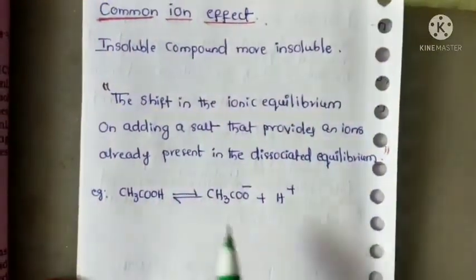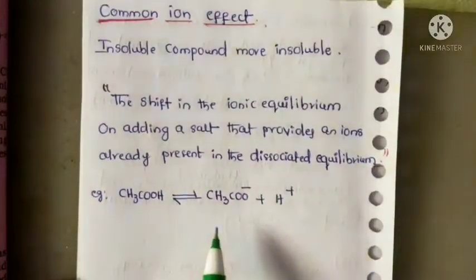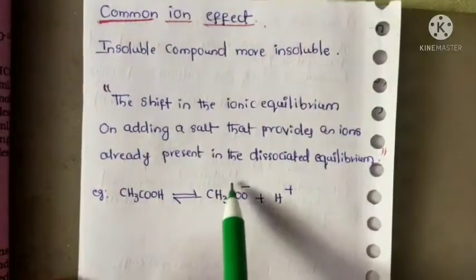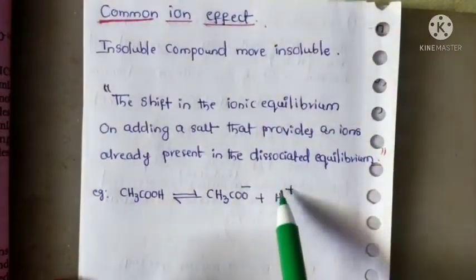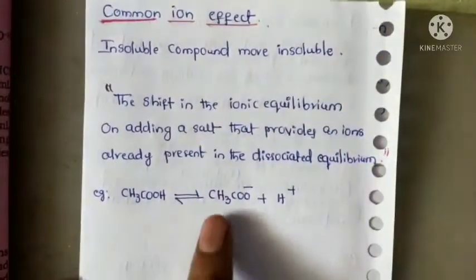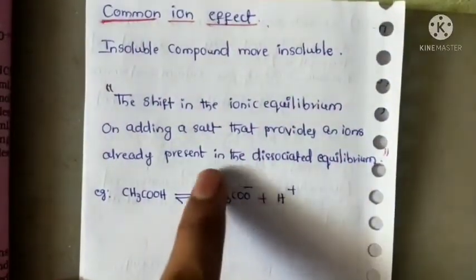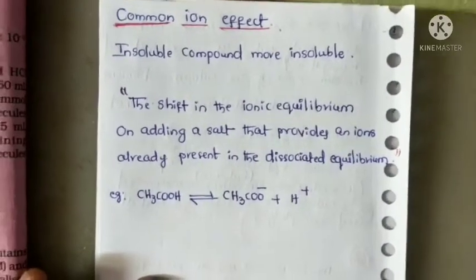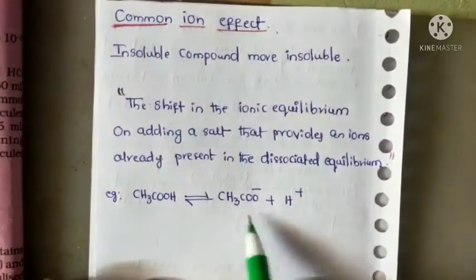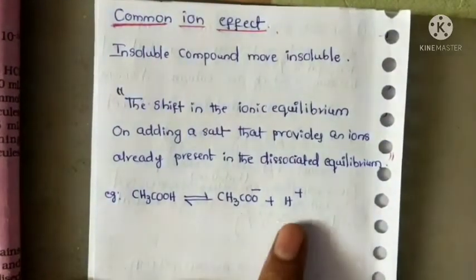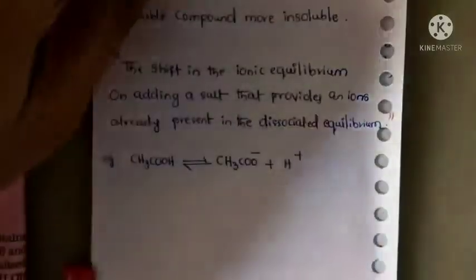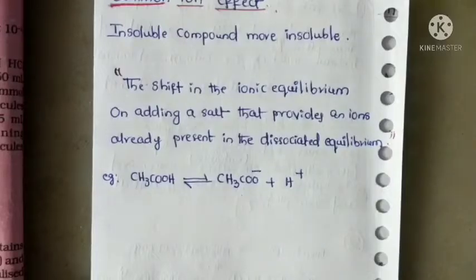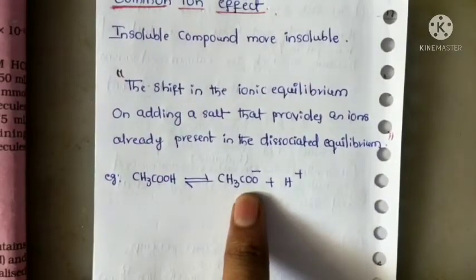Here the ionic equilibrium can shift to the left side whenever the concentration of acetate ion or H plus ions increases. So how can we add acetate ions or hydrogen ions here? By adding a salt, we can add some acetate ions.